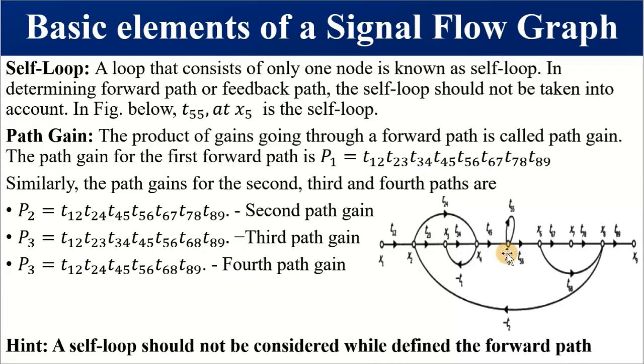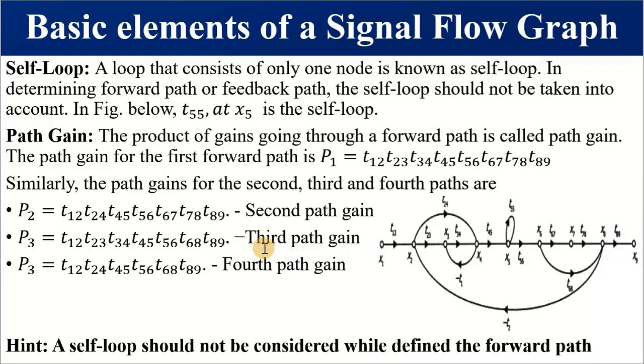We can also be asked to find the gain of each forward path. Let's have a look at the gain of path number 2. This is T12 times T24. In other words, we are going from x1 to x2 and then to x4. Then T34, T45, T56, T68, then T89.